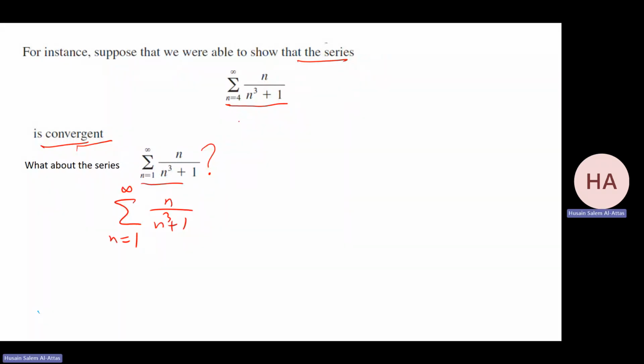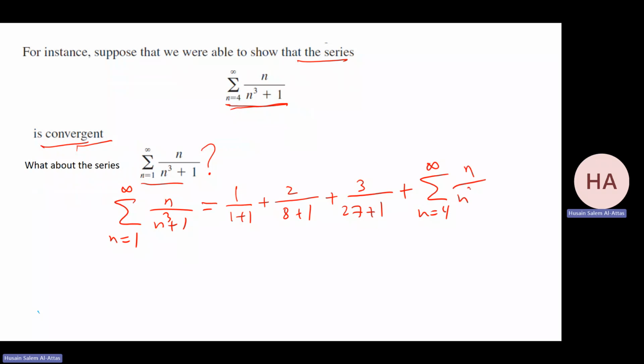I want to compare it with this one. In the first one, n equals 1, I have 1 over 1 plus 1; n equals 2, I have 2 over 8 plus 1; n equals 3, I have 3 over 27 plus 1, plus the summation n equals 4 to infinity of n over n cubed plus 1.